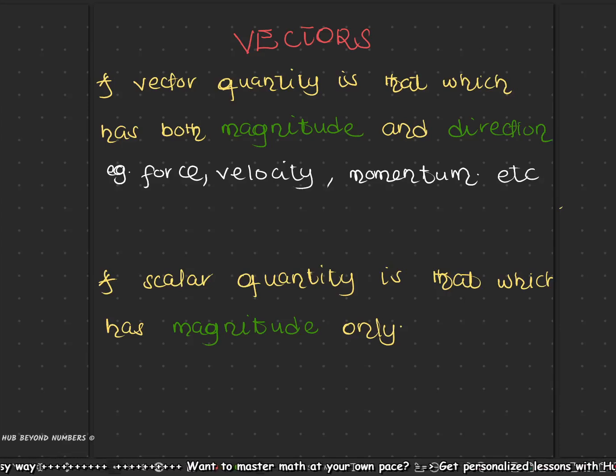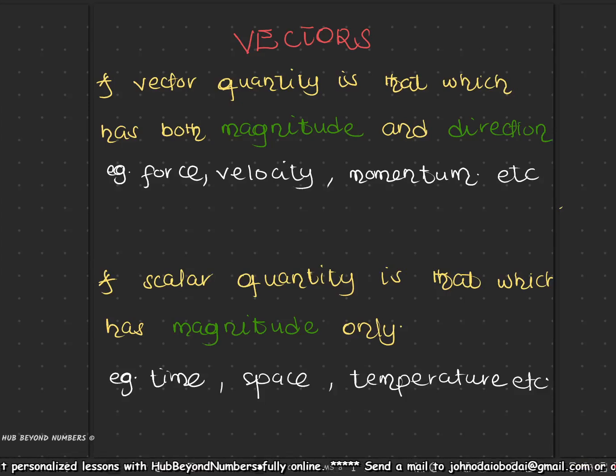That is why I would say a force is a vector quantity, because you can measure its magnitude and also tell in what direction it is being applied. The same applies to velocity and momentum as well. Then the scalar quantity, that which has magnitude only. Some examples we can look at are time, space, and temperature.